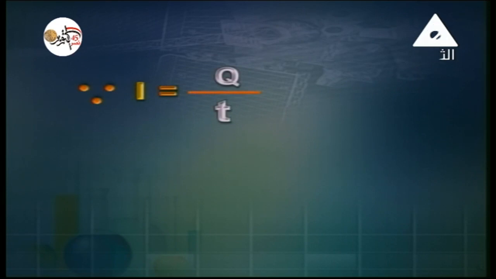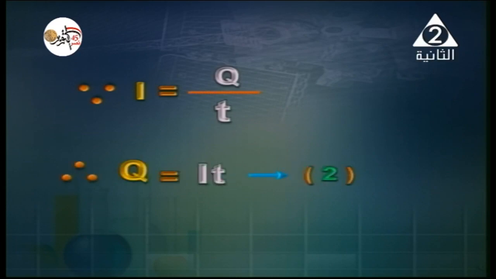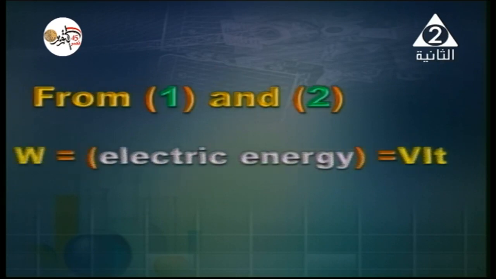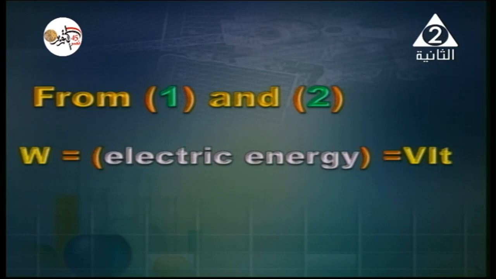And current intensity is determined from the expression I equals Q over T. So Q equals IT. This is the second equation. From 1 and 2, we managed to obtain electric energy equals VIT. But we are talking about power. What is the relation between energy and power? Power is equal to energy over time.